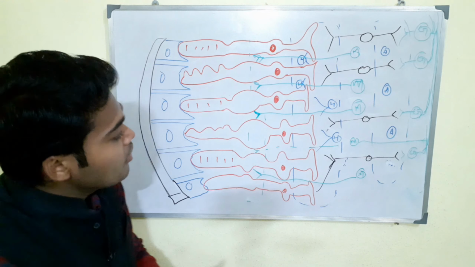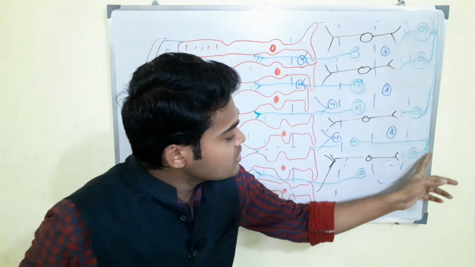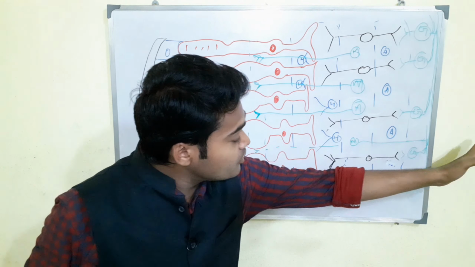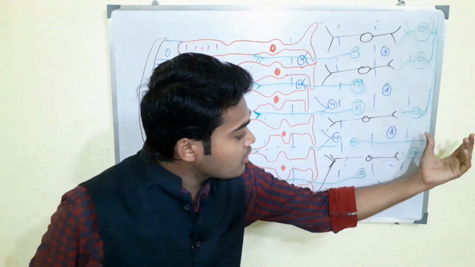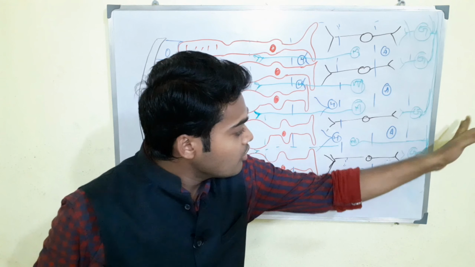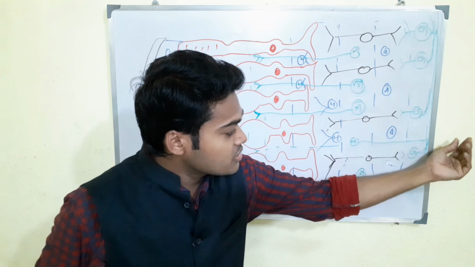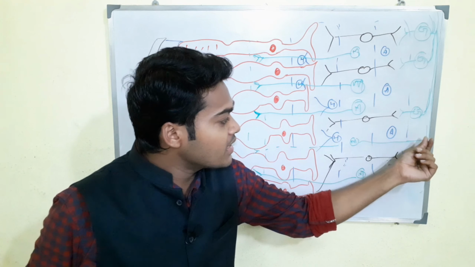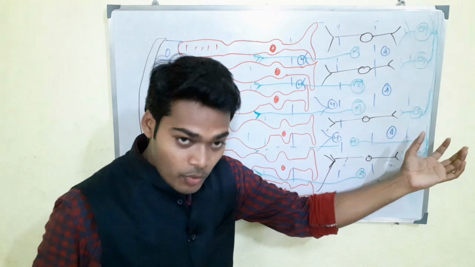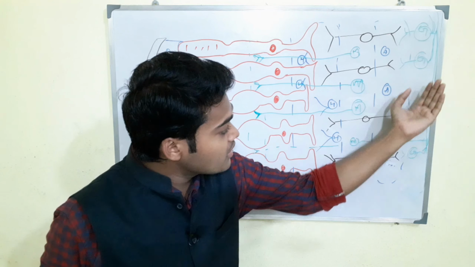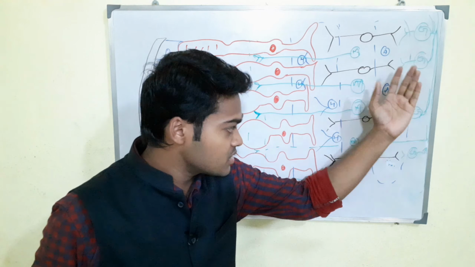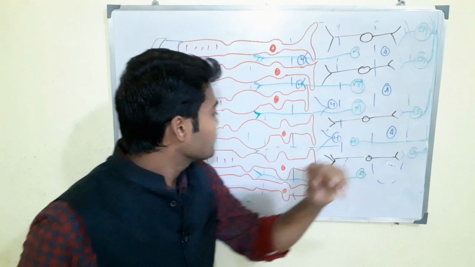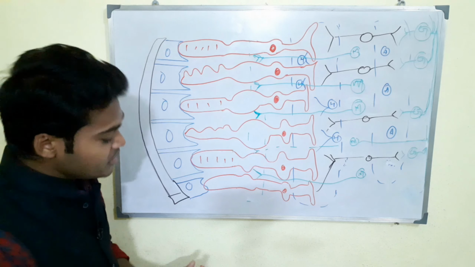Just look here, this Muller cell also goes beyond this axonal layer and forms a layer which protects the vitreous and axon layer junction. The vitreous is a jelly-like structure; if it came inside the eye, it might get jumbled with the retinal sensitive layer, and there might be obstruction in carrying the message or impulse. So here they form a limiting membrane, and here they form this type of limiting membrane.